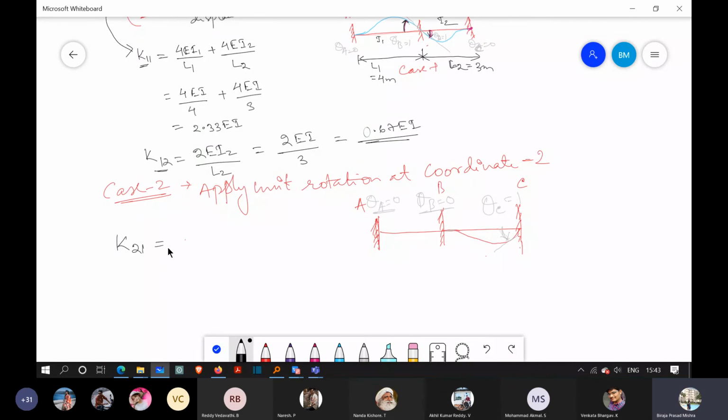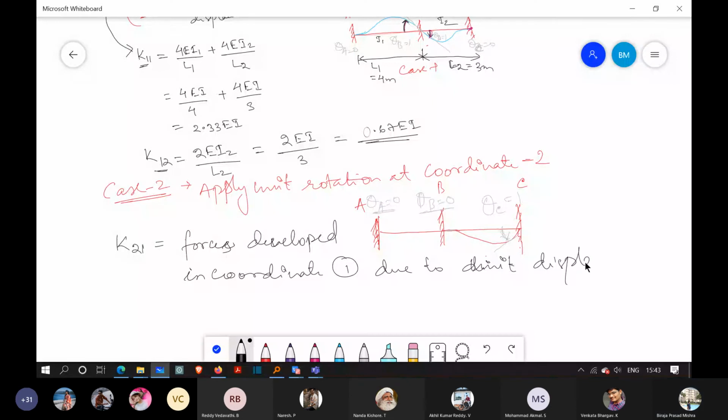K21 will be forces developed in coordinate 1 due to unit displacements at coordinate 2.